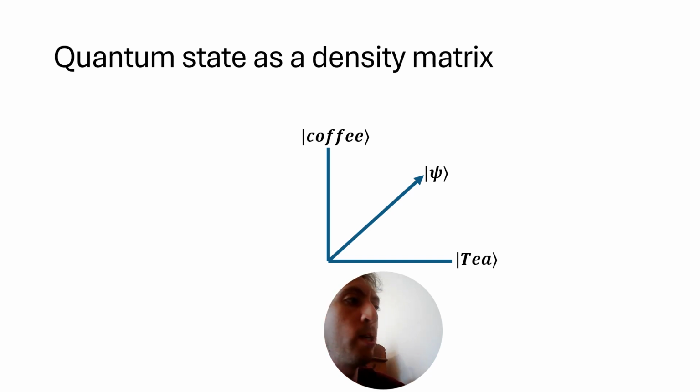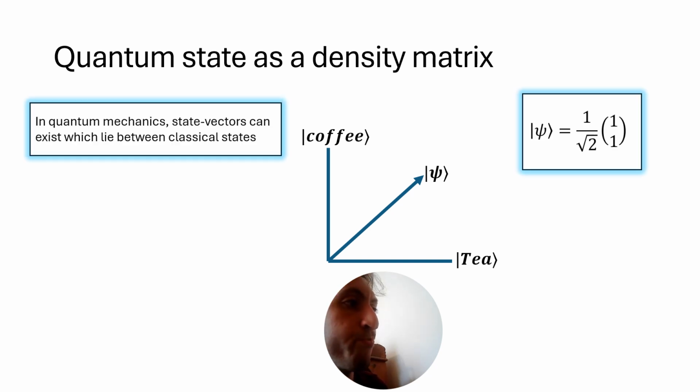But as we said, we can construct a density matrix from the state vector. So as a reminder, the state vector for a quantum state lies somewhere between classical states, and due to evolution it's free to evolve between them. According to Schrödinger's equation, at least, different classical states have different energies, otherwise it's a generalised form of Schrödinger's equation that will govern the evolution of this quantum state.